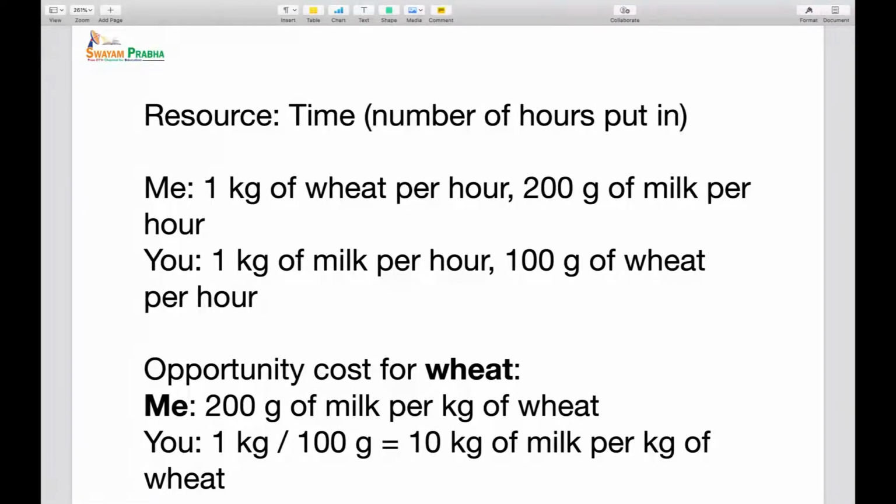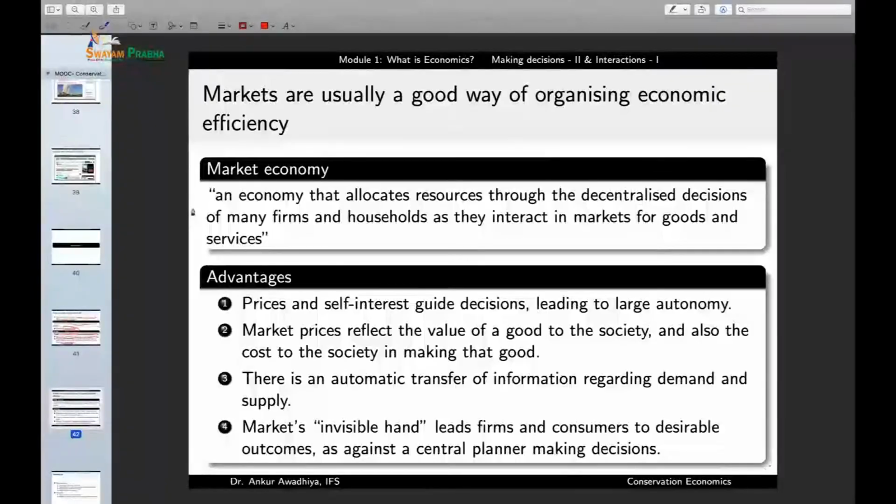Now, in the market economy, both of us are taking this decision based on the most efficient way of producing the goods. An economy that allocates resources, in this case the time, through decentralized decisions.